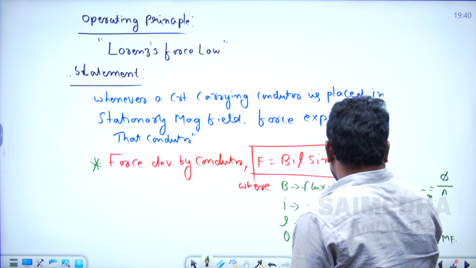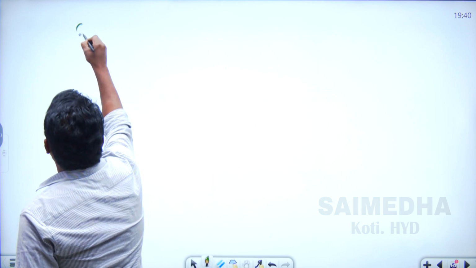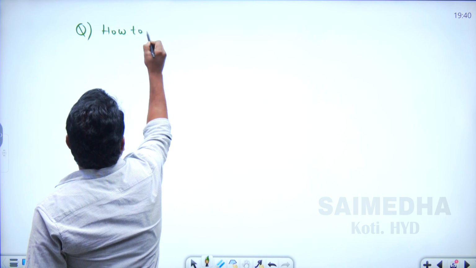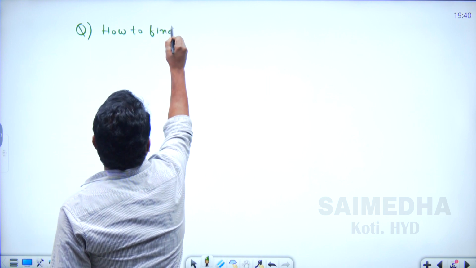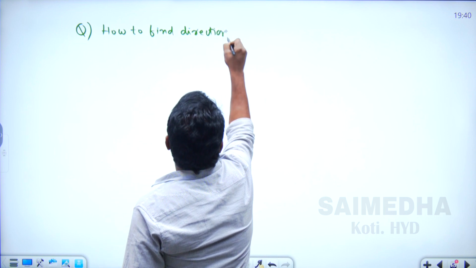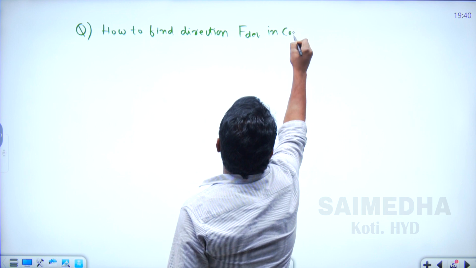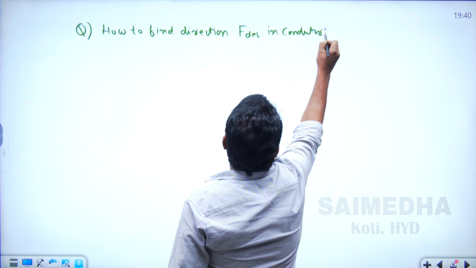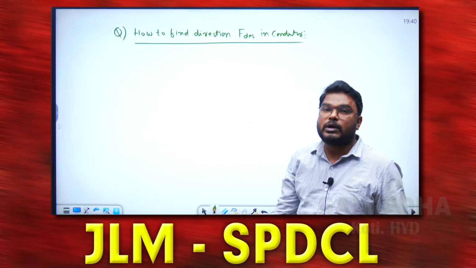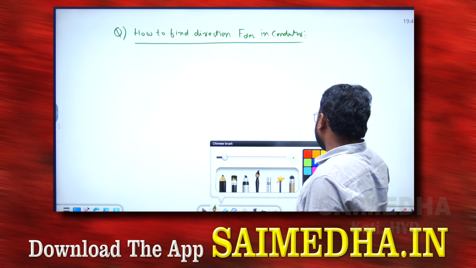Now we have a question: how to find the direction of the force developed in the conductor? The direction of the force developed by the conductor can be obtained by using the left hand rule, Fleming's left hand rule. This is the FLR. FLR means Fleming's left hand rule.